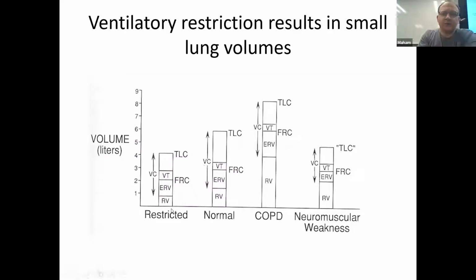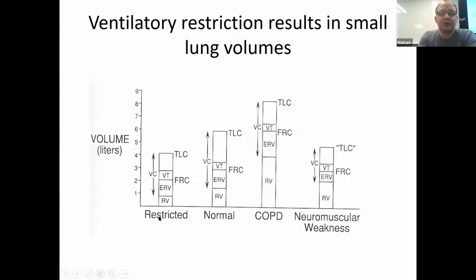Here's another way to look at total lung capacity, and you can see the normal right here. Your vital capacity is everything that you can possibly inhale to maximum or exhale to maximum. Your normal tidal volume lies as a smaller fraction somewhere in the middle there, and then there's the residual volume that can't be exhaled.